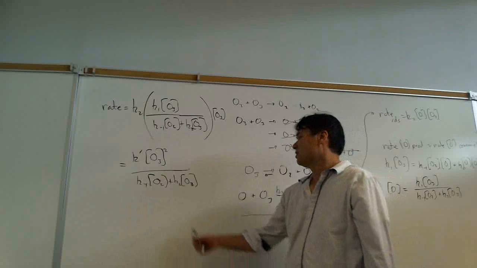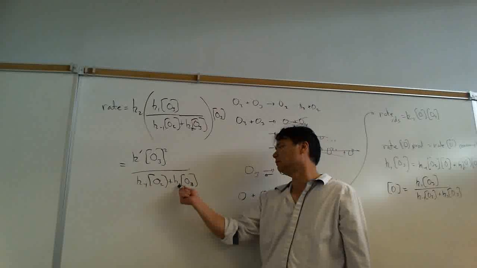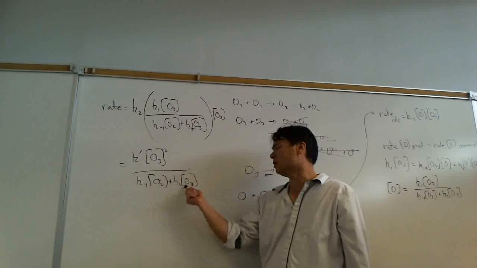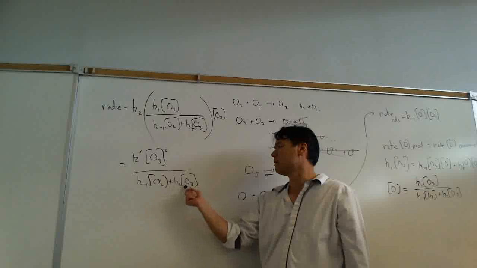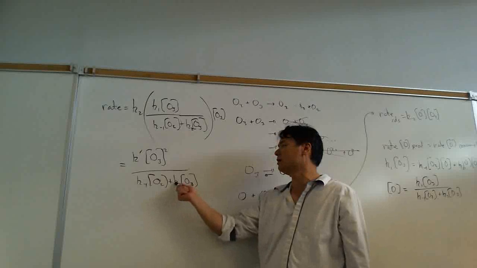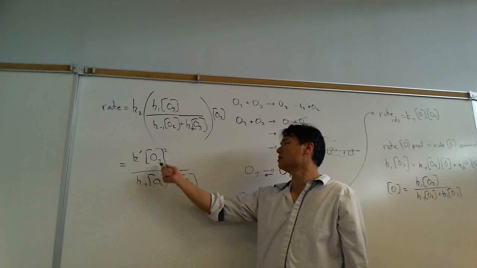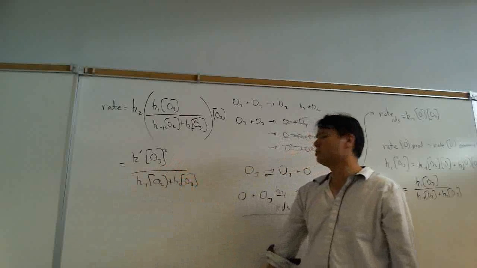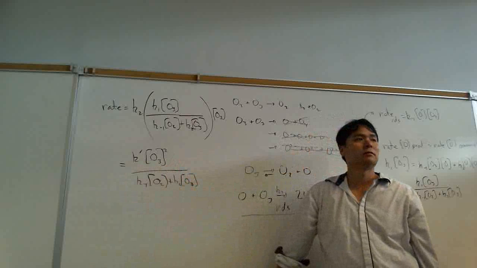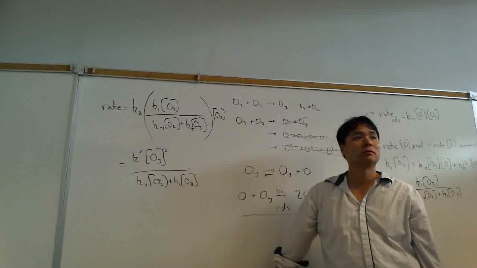And then it has this weird order. If K2, that is this leakage here, the consumption, is very slow, then this term is quite small. If this term is quite small, then this becomes negligible. And so this becomes second order in ozone, and negative one order in O2.